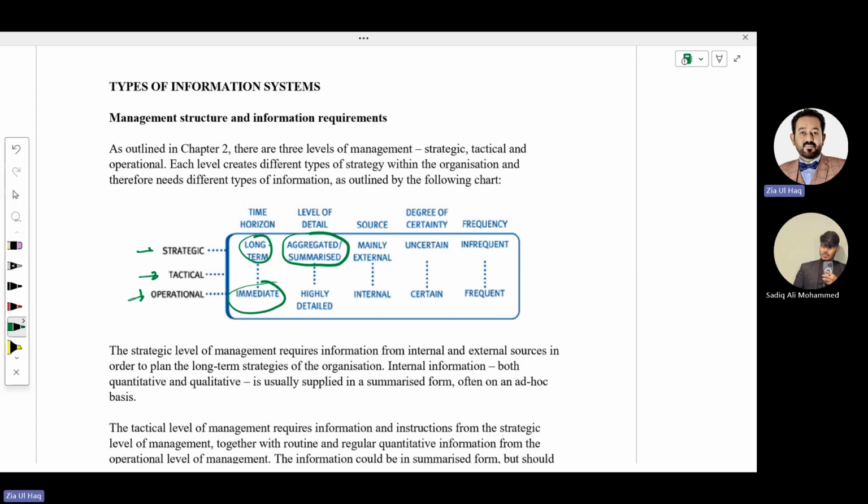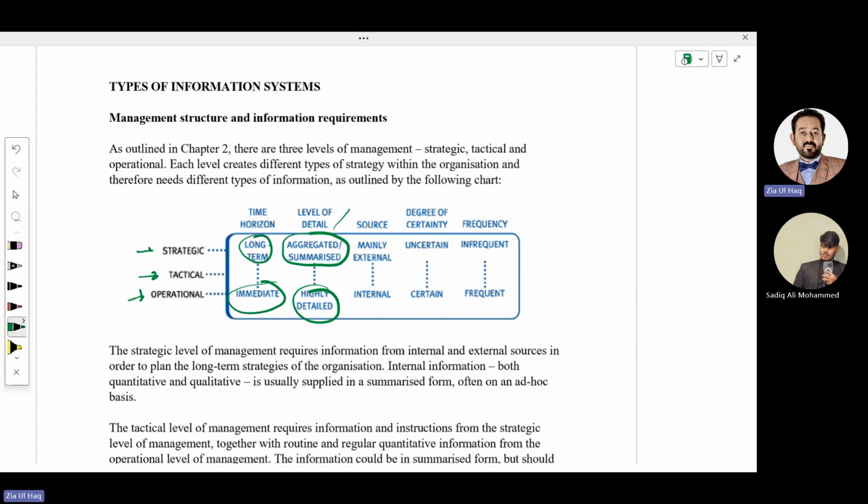You have marked the test and collected the marks. What you will provide to top management is: out of 50, 30% students secured passing marks. That's enough, not the complete data. So at a strategic level, the information used is in summarized form, while at the operation level it is highly detailed.